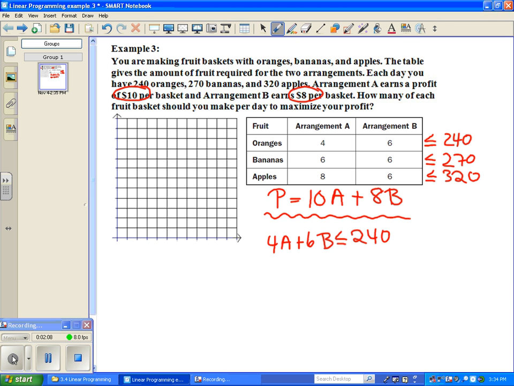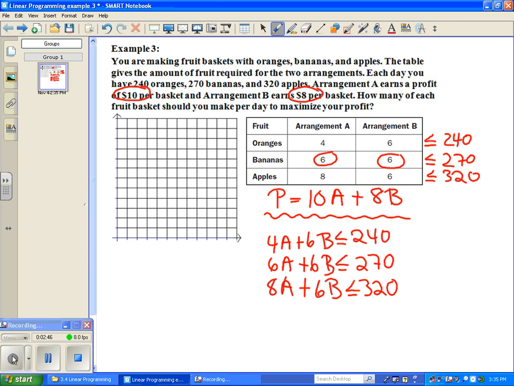That's for the oranges. For the bananas, 6A plus 6B is less than or equal to 270. The last one, apples: 8A plus 6B has to be less than or equal to 320.